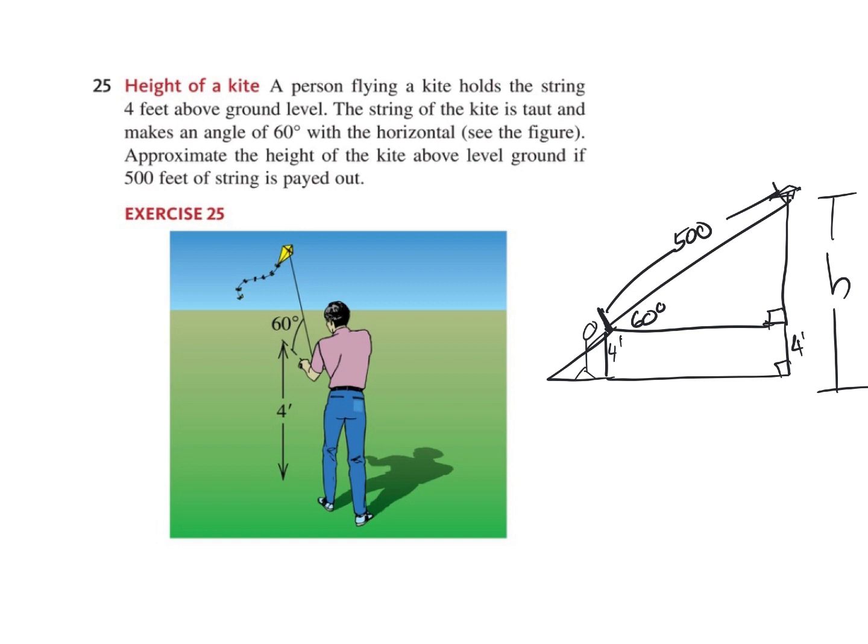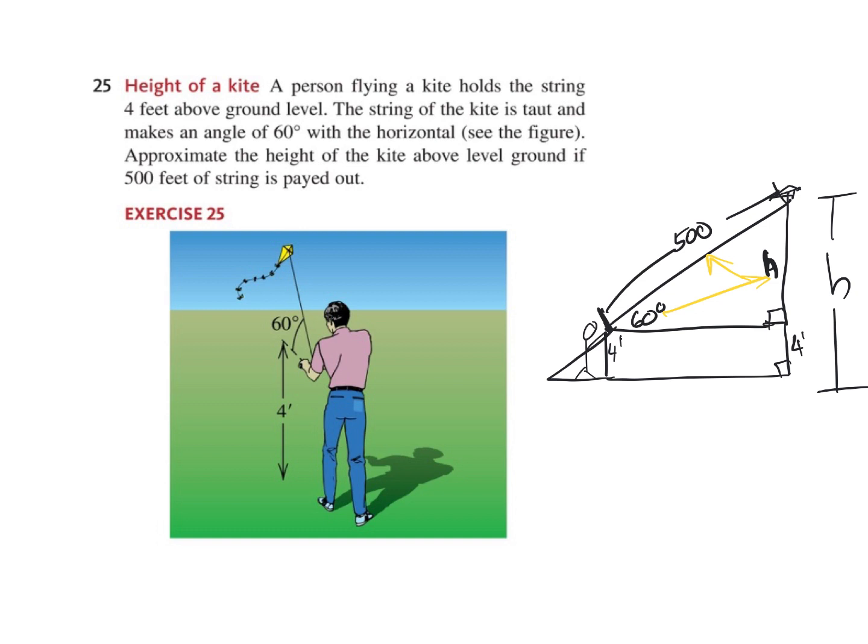All right, so we're going to get H. We're actually going to set H to be just this little section here. And then we'll add 4 to it when we're done. All right, so you have 60 degrees. What have you been given? The opposite leg is what we want, and we have the hypotenuse. So we've been given the degree, we're using the opposite leg and the hypotenuse.